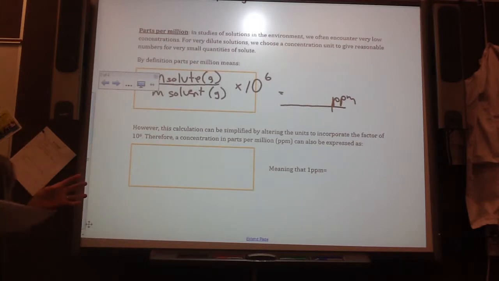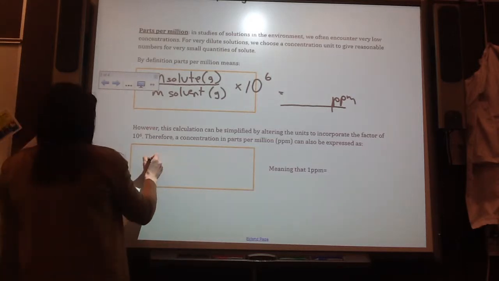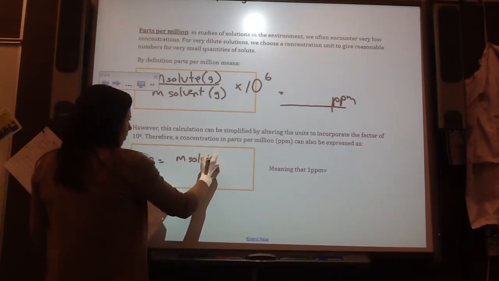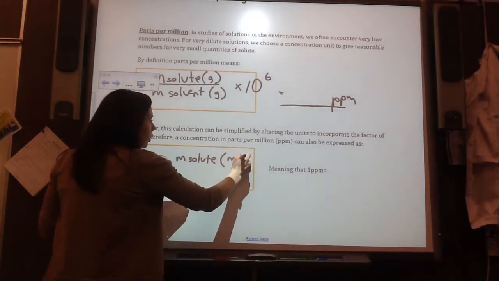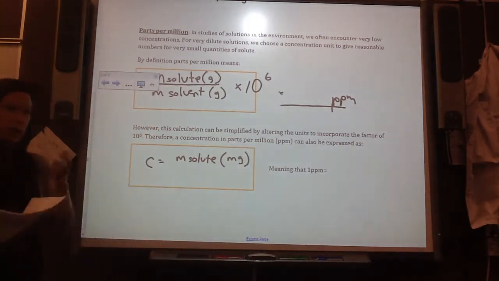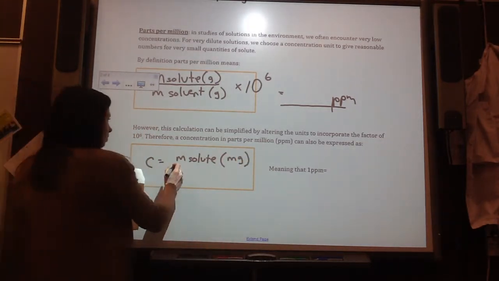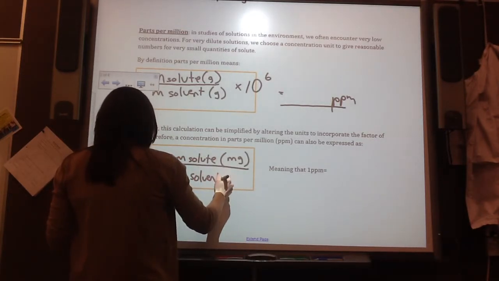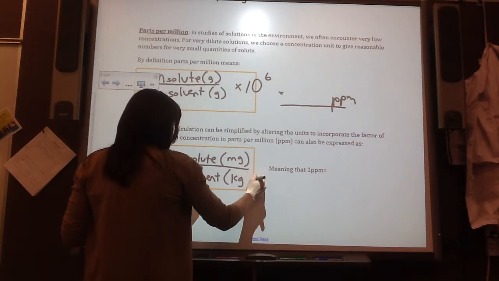However, if you want to do this calculation a different way, it can be simplified by altering the units to incorporate the factor of 10 to the power of 6. Therefore, concentration in parts per million can also be written like this: C is equal to the mass of solute in milligrams, because it's such a small amount, divided by the mass of solvent in kilograms.